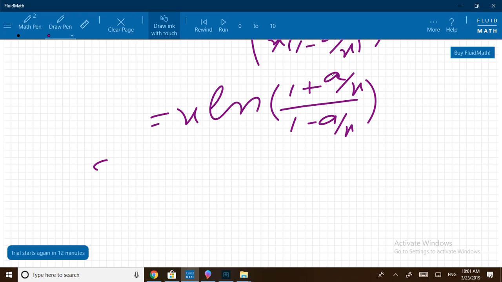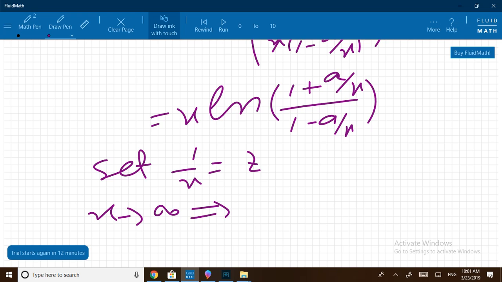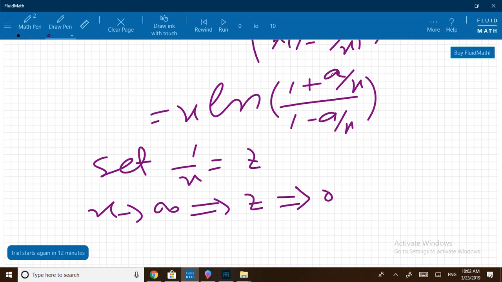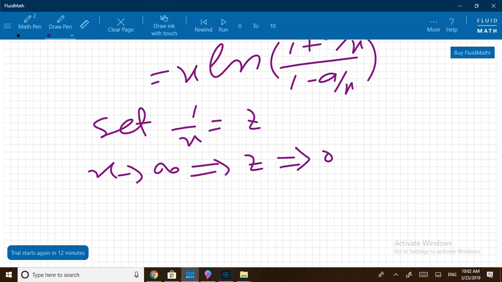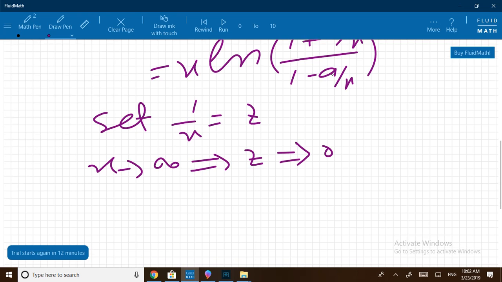Here we set 1 over x equal to z. Since x approaches infinity, this implies that z approaches 0. So we can write above, z approaches 0.